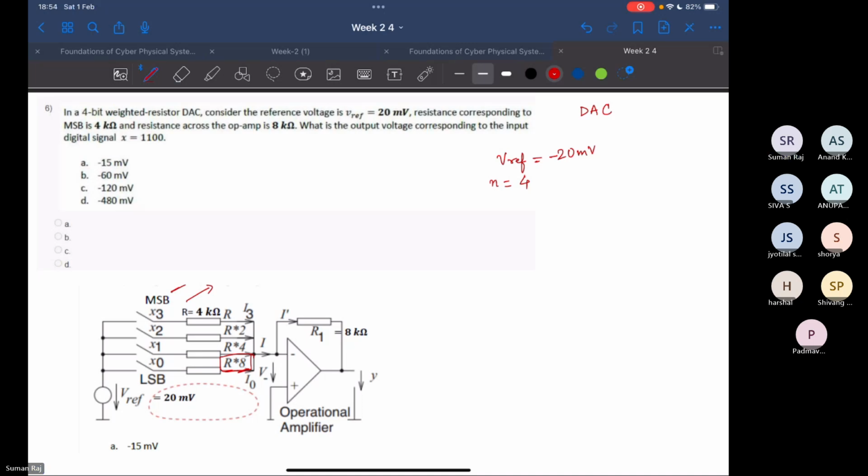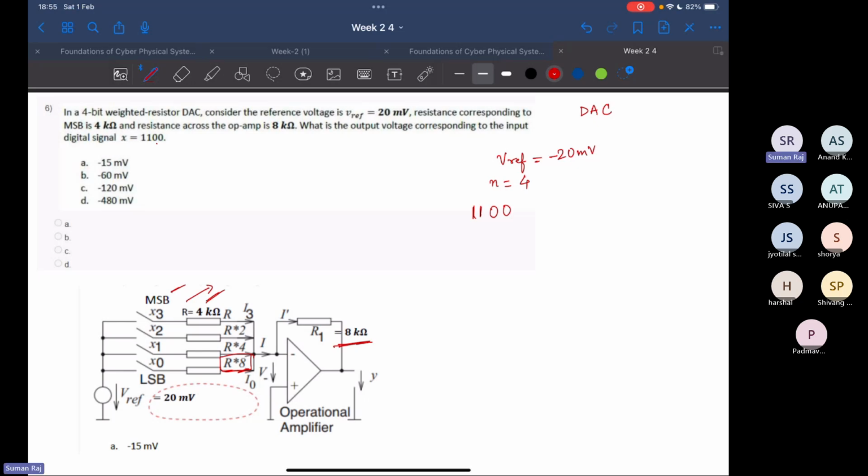So over here, if you have R1 equal to 8 kilo ohm, and you have your MSB as 4 kilo ohm, what is the output voltage corresponding to the input digital signal 1100?